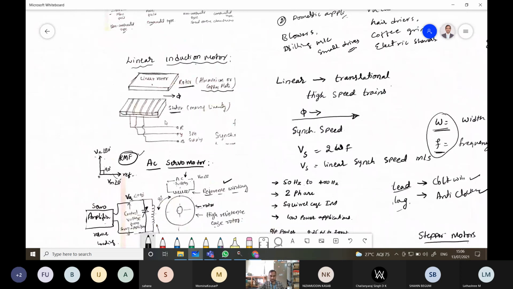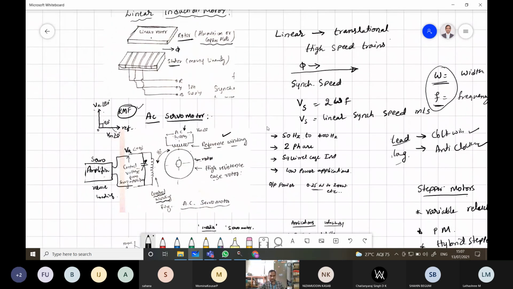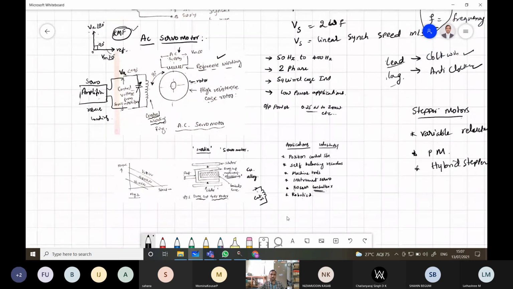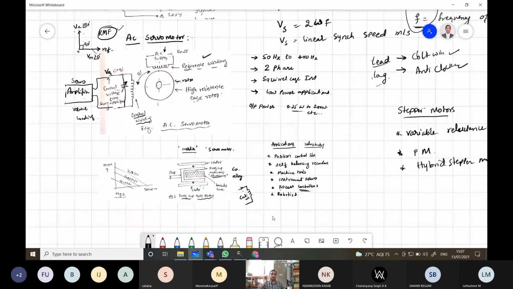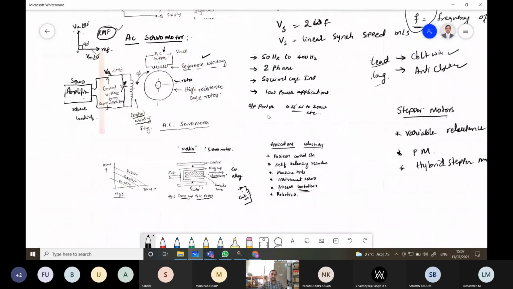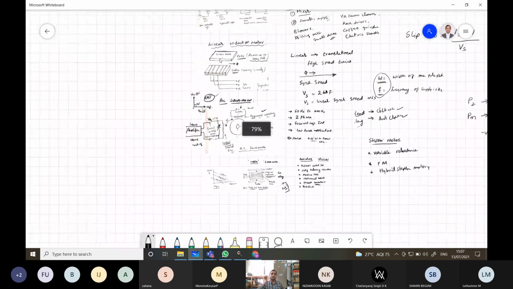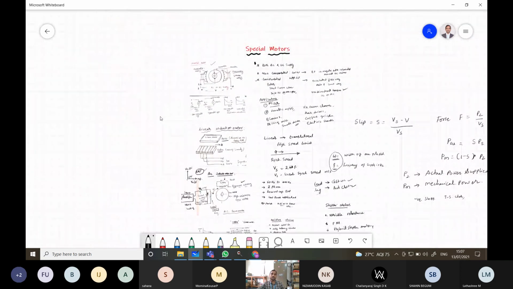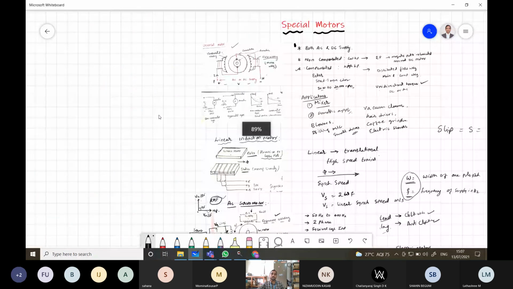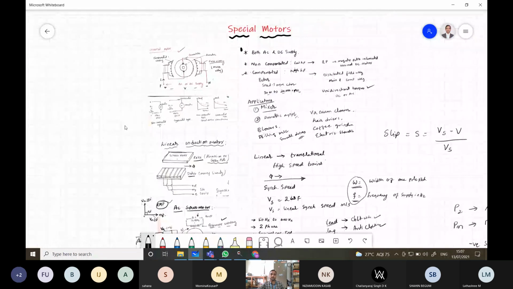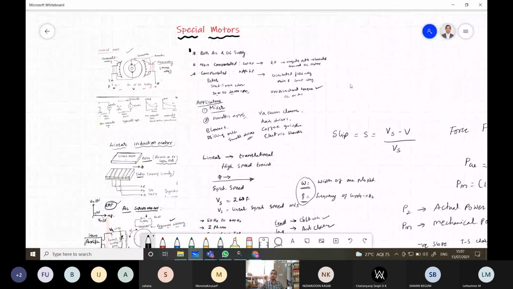These types of motors are used especially in high speed electric trains. The next one is servo motors. AC servo motors are used in special applications like robotics. These are some of the special purpose motors discussed. The last topic that remains, the stepper motor, we will discuss in the next class.